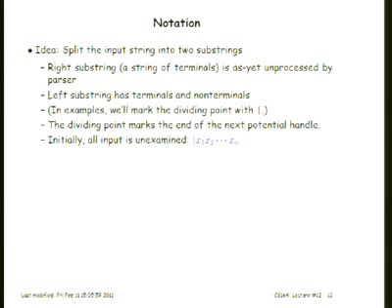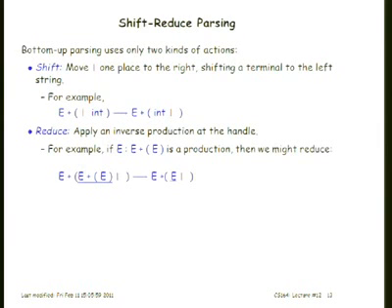The dividing point at each step is where my handle is, and my handle gradually, inexorably moves to the right until I have consumed the entire input and hopefully reduced it to the start symbol.